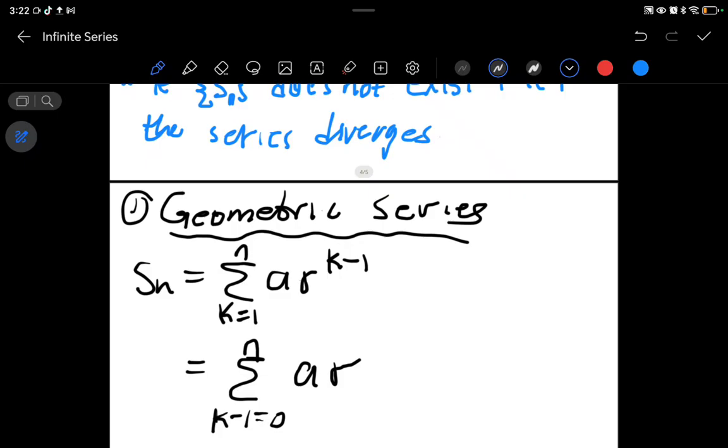And this would be a r to the k minus 1, which is equal to what now? 0. You see, right? But let's focus on the first one. If I would take that to the other side, I would get that.